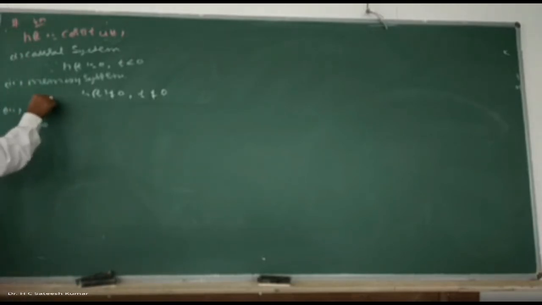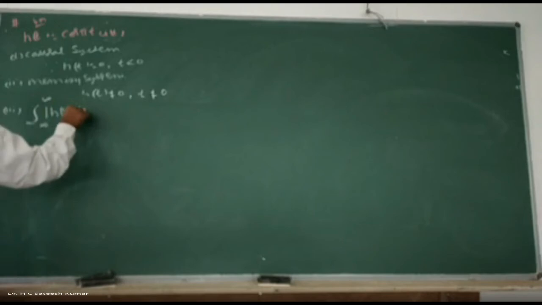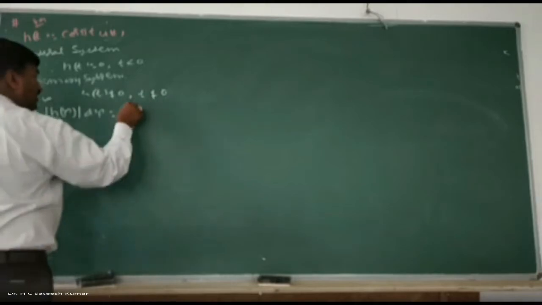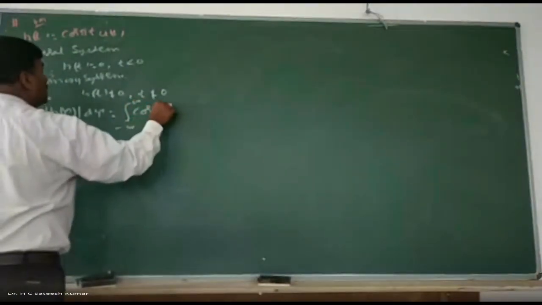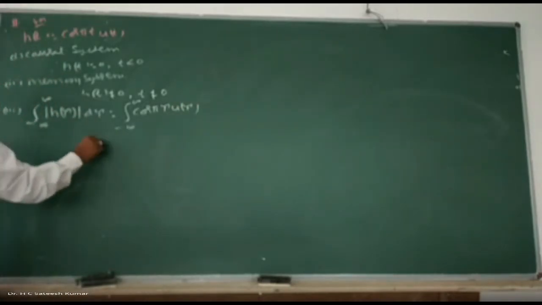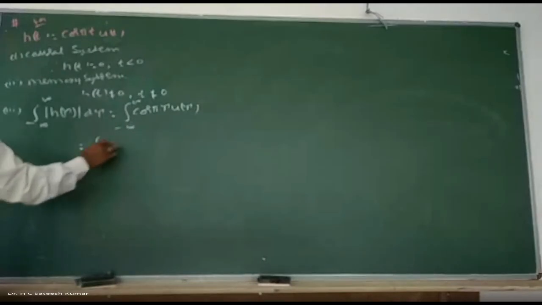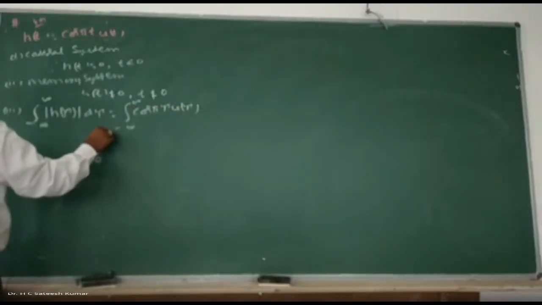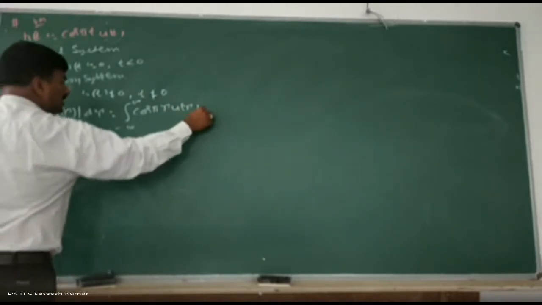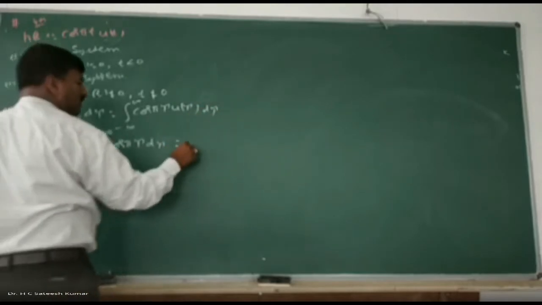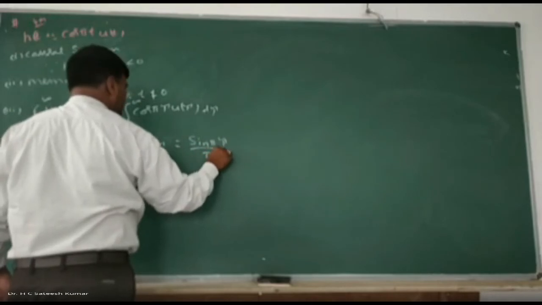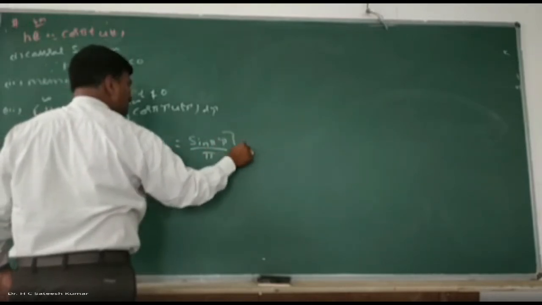Integration from minus infinity to plus infinity of magnitude of h of tau, equal to integration of cos pi tau into u of tau. Since it is multiplied by u of tau, it is from 0 to infinity of cos pi tau d tau, which is equal to sin pi tau divided by pi, between the limits 0 to infinity.